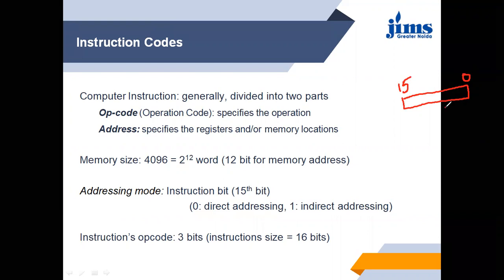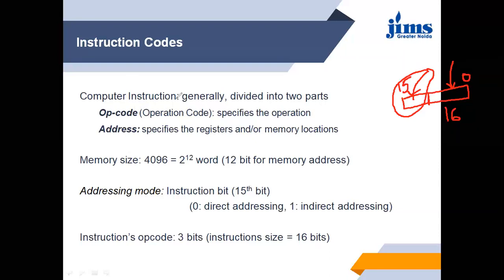Instructions should have a maximum size of 16 bits, because in memory we have to store the instructions. In these 16 bits, some part is for the opcode and some part is for the address. Opcode means the instruction that tells what to do.